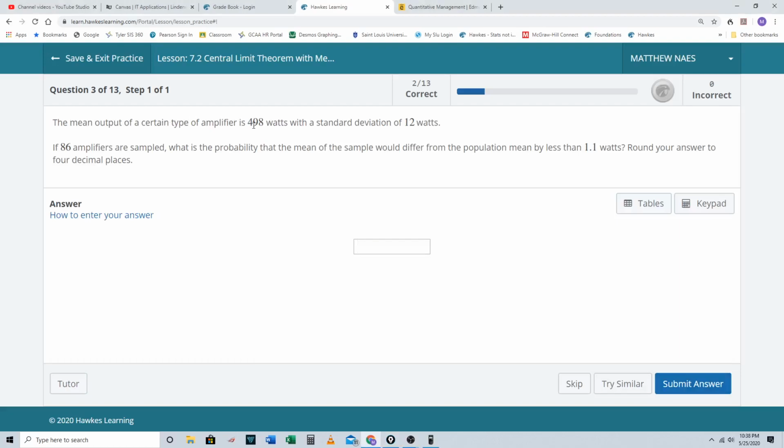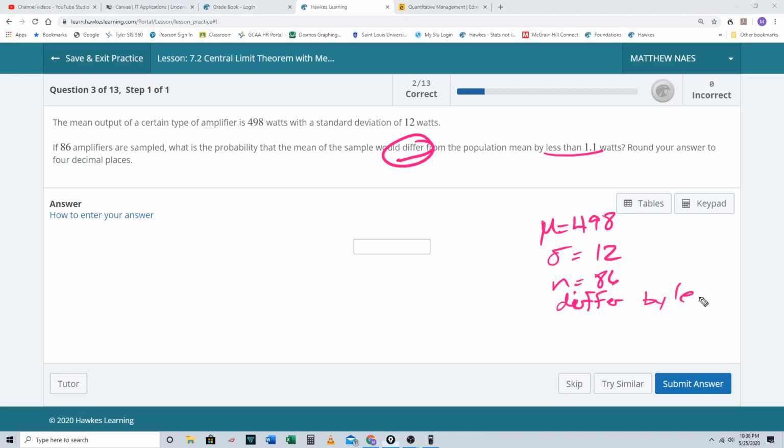Mean output for a certain type of amplifier is 498 watts, so mu is 498. This time it gives a standard deviation, that's nice, 12. 86 amplifiers are tested, so n equals 86. What's the probability the mean would differ by less than 1.1?